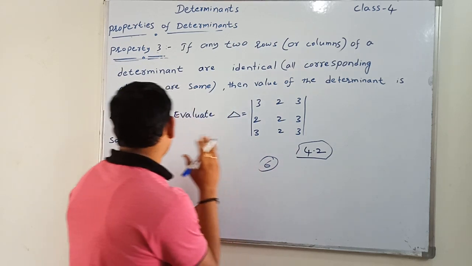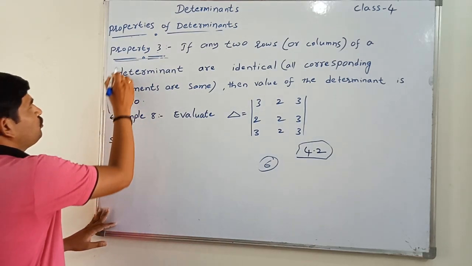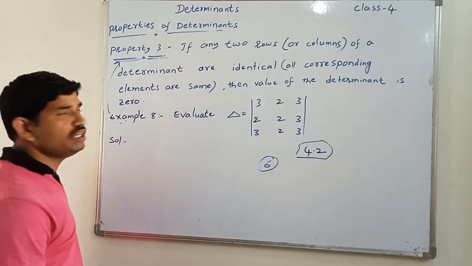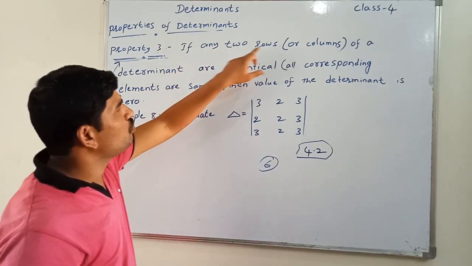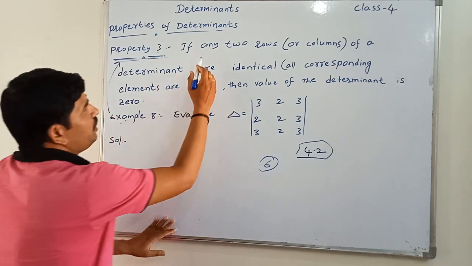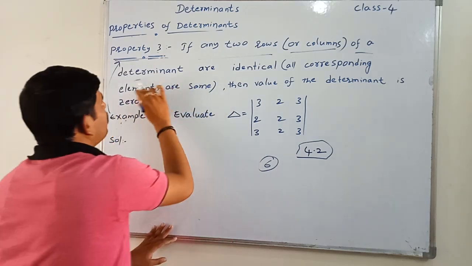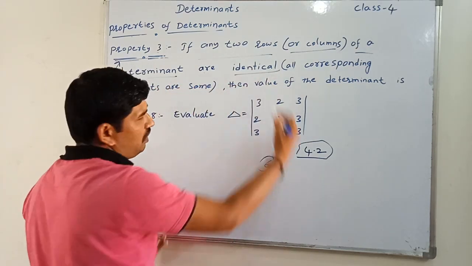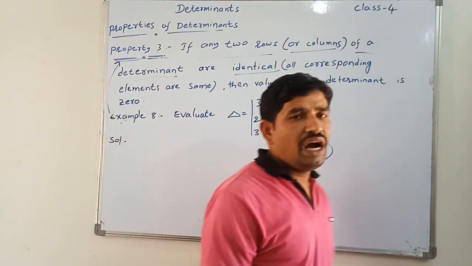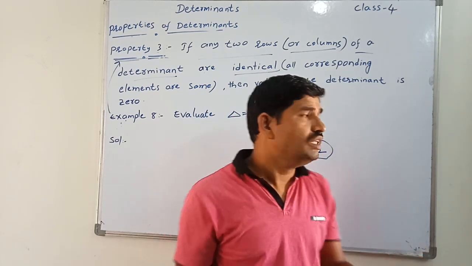Before starting example 8, first we can see property number 3. If any two rows or columns of a determinant are identical, we know that identical is nothing but same, both are looking the same.